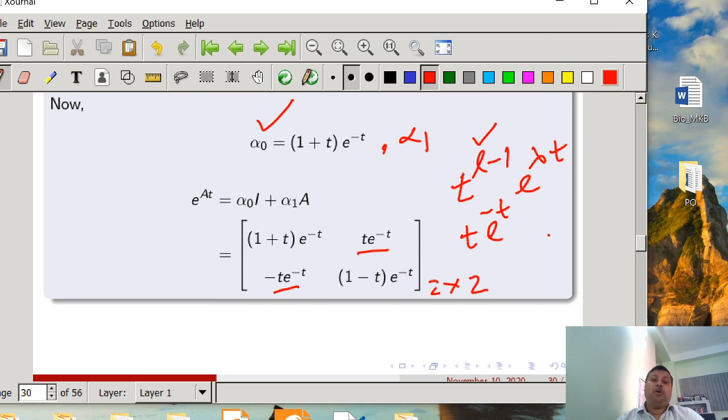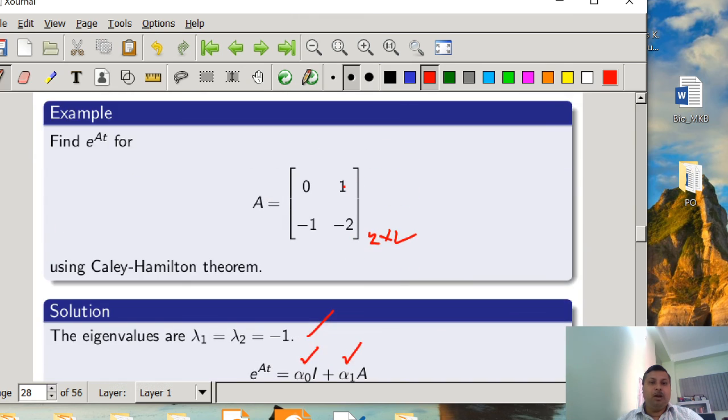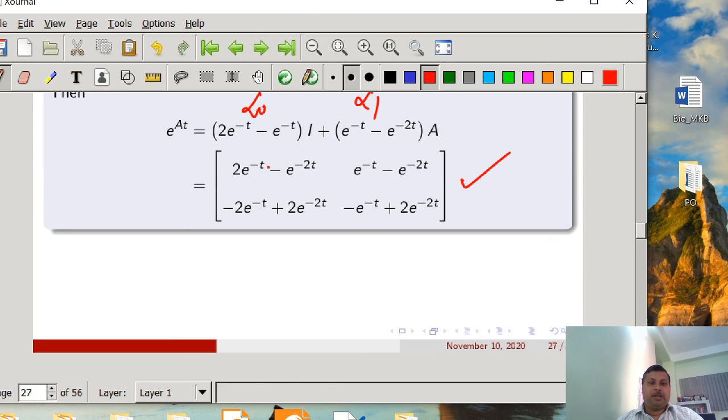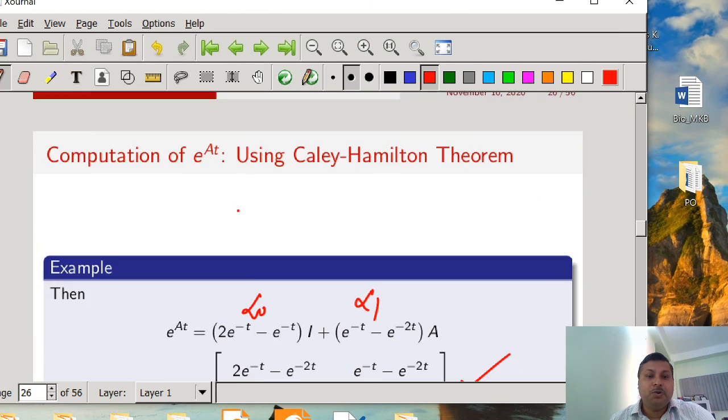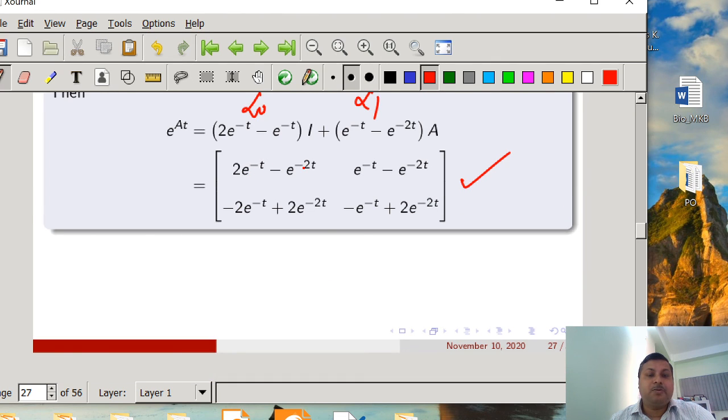And importantly, we have also realized what the elements of e to the power At will be, depending on the eigenvalues of the system matrix A. From the example we have seen that if we have distinct poles, then with the pole locations, here -1 and -2, e to the power minus t and e to the power minus 2t terms are present, and the dimension of e to the power At will be 2 by 2.